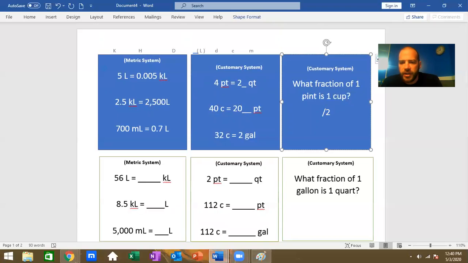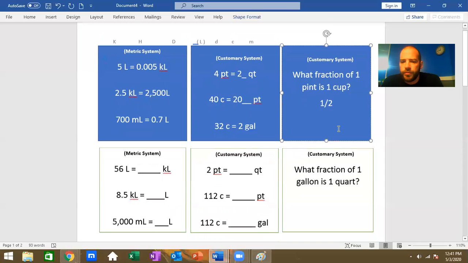So what fraction of 1 pint is a cup? Well, it's hard to kind of understand what the question's asking, but the way I look at it is, how many cups make a pint? 2. If you only have 1 cup, you have 1 of the 2. So that is equal to a half.